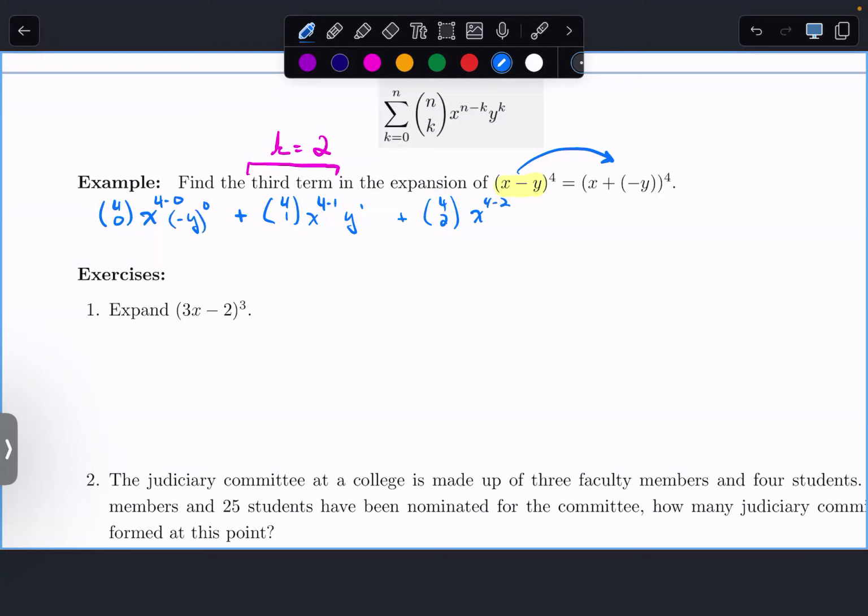I caught it before I finished, so I don't have to do it in red, I think. Then 4 choose 3, x to the 4 minus 3 times negative y to the 3, plus 4 choose 4, x to the 4 minus 4, negative y, okay, nice try, to the 4.